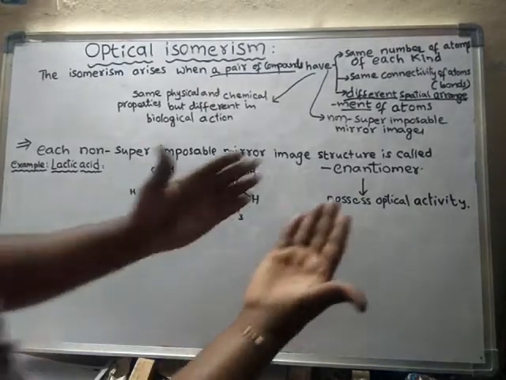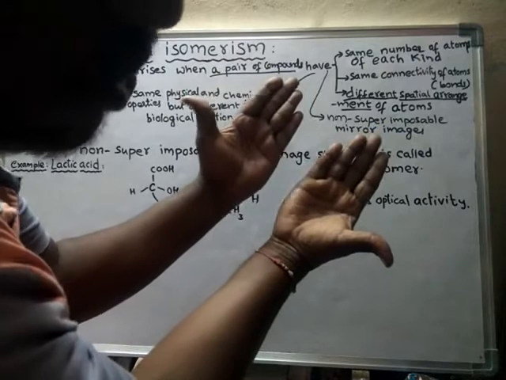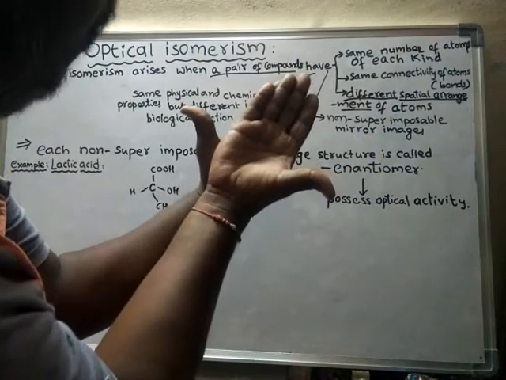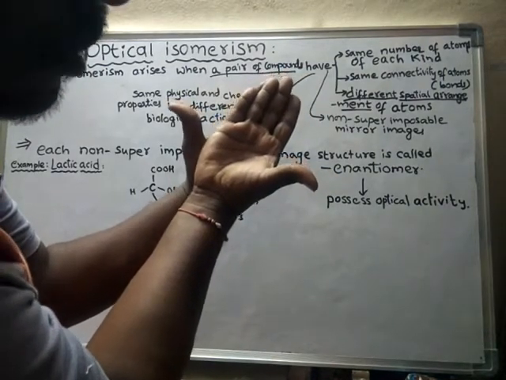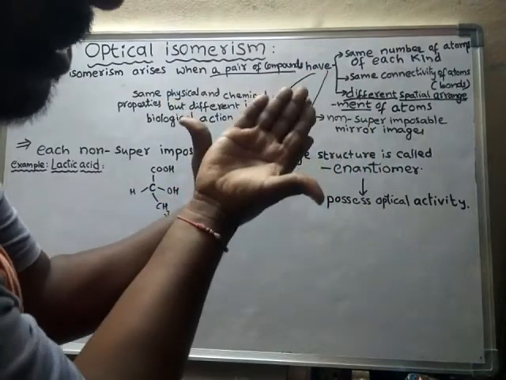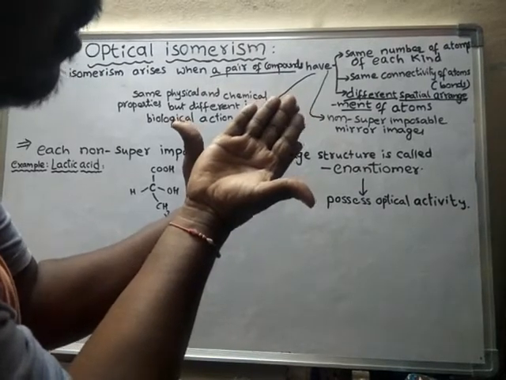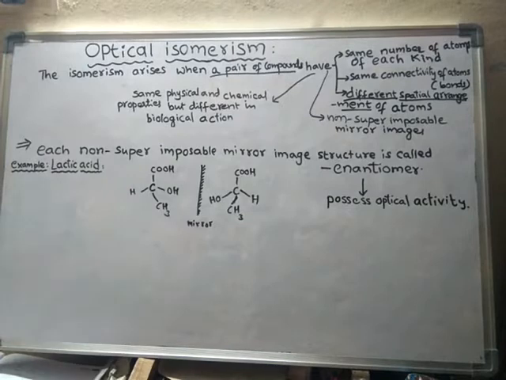These two hands are mirror images to each other, but they cannot superimpose one over the other. Such type of mirror images which cannot coincide one over the other are said to be non-superimposable mirror images.